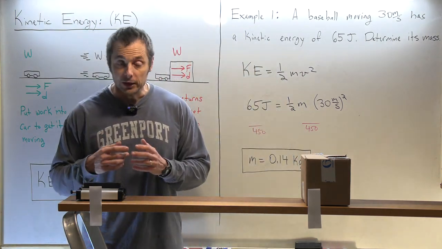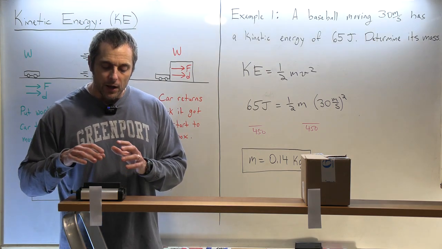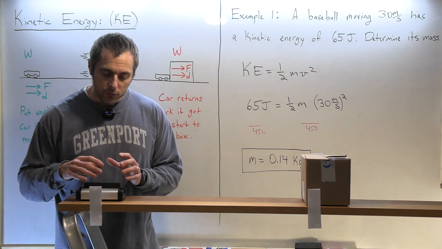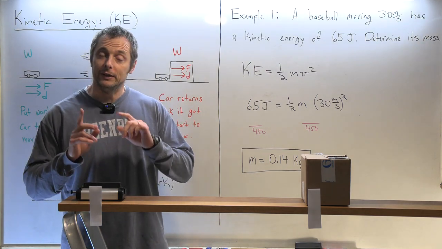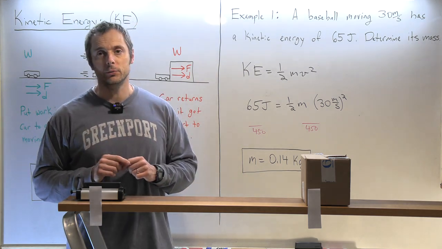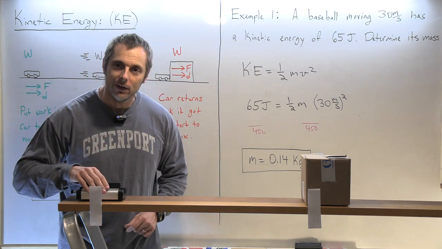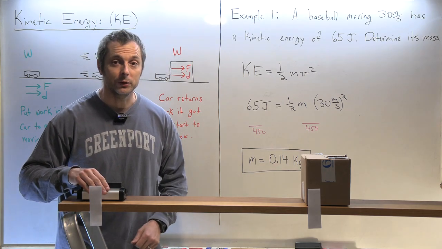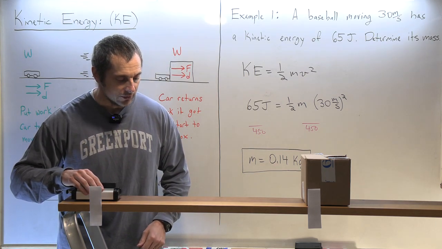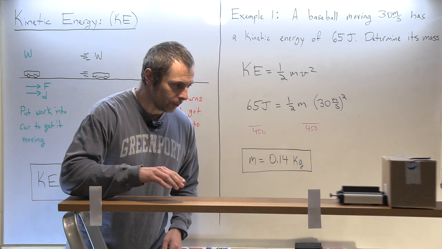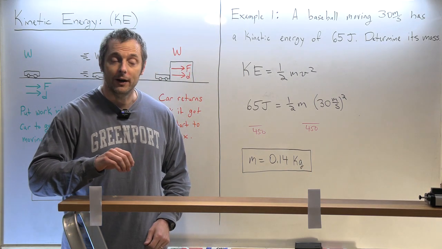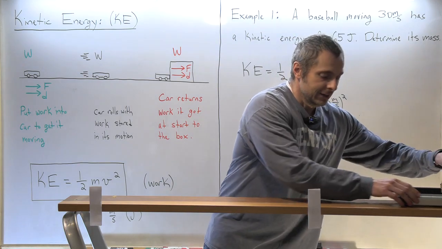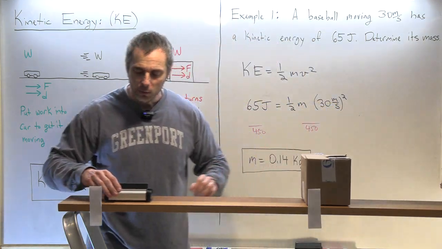I could incorporate a moving object. This object will not make the box move unless first I put work into it. So I'm going to put my hand on it and push, force times distance in the same direction, putting work in. And then you'll see that it'll roll with that amount of work and do work on the box.